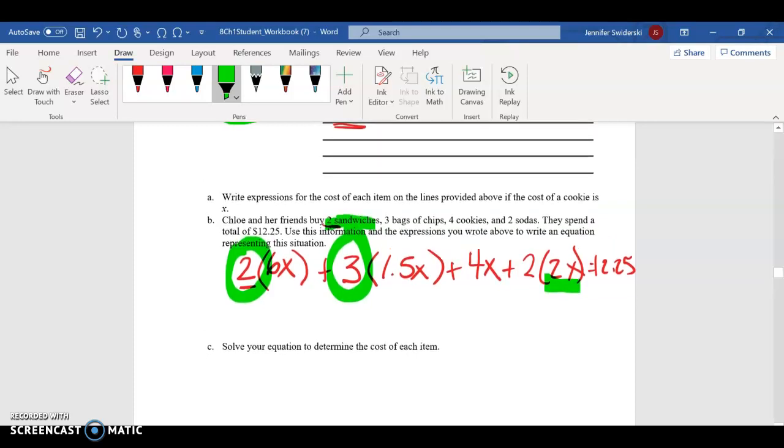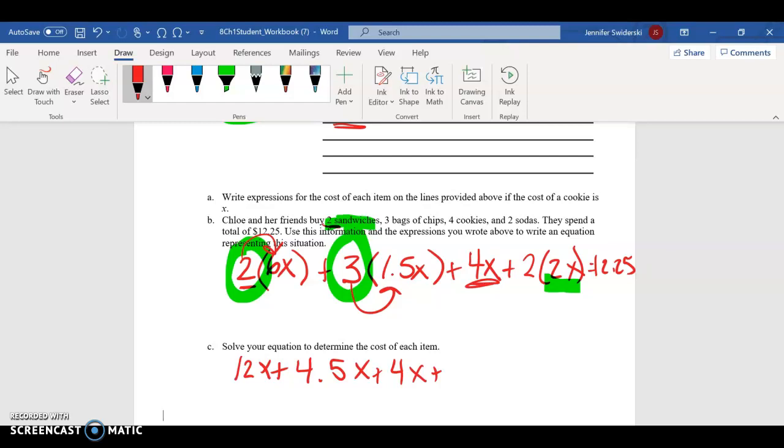So they want us to start by solving for X. So 2 times 6X will give me 12X because of the distributive property, plus 3 times 1.5X. When I do that, 3 times 1.5 gives me 4.5X, plus that 4X, plus, because that's right there, 2 times 2X is 4X equals 12.25.